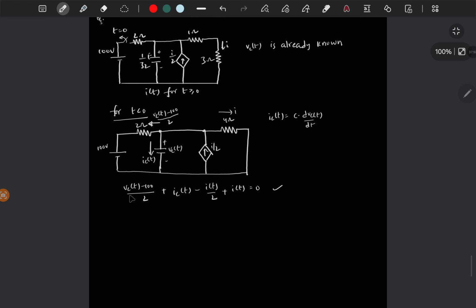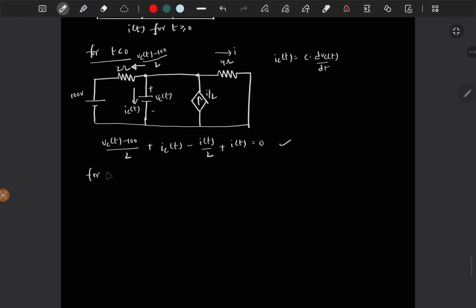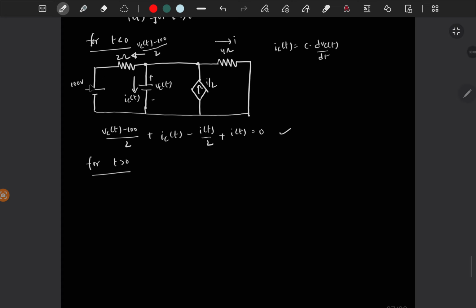And for t greater than 0, we don't have this left side source, right? So it is simply this IC of t, I by 2, I of t.